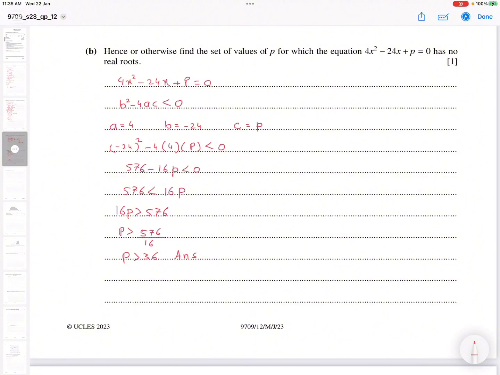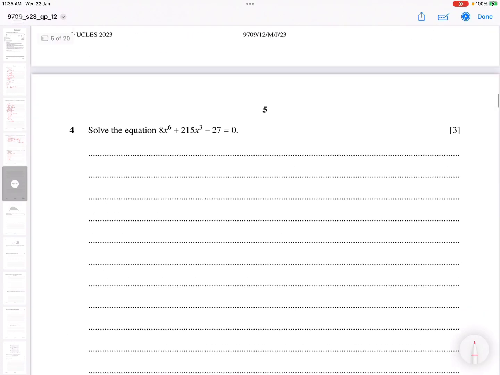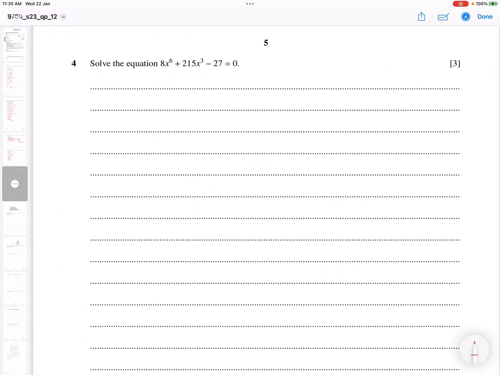Question number 4. Solve the equation 8x power 6 plus 215x power 3 minus 27. So you let y equal x power 3.